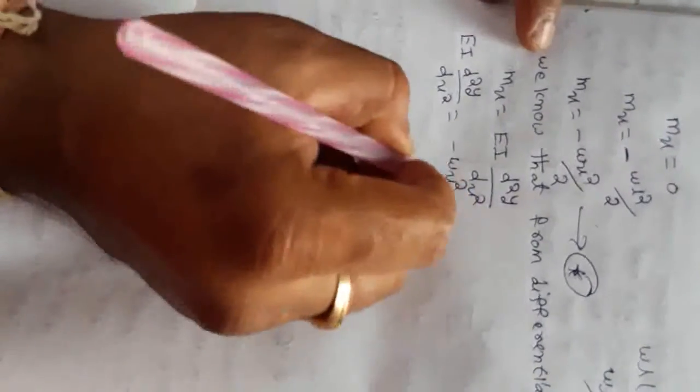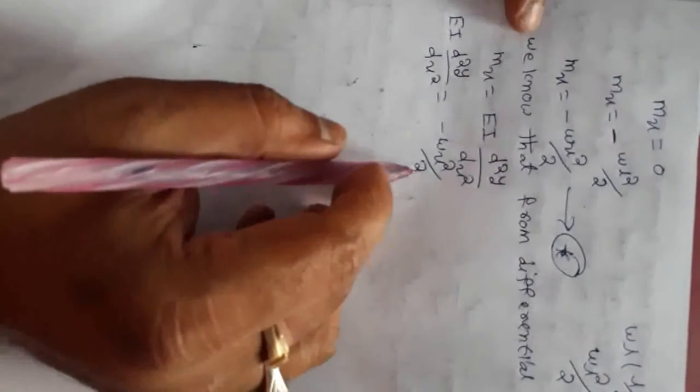We know from the differential equation that Mx equal to EI into d square y by dx square, and you can substitute this value into the first equation, marked star. After substituting, you get EI d square y by dx square equal to minus W x square by 2.